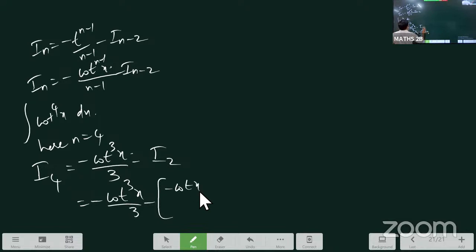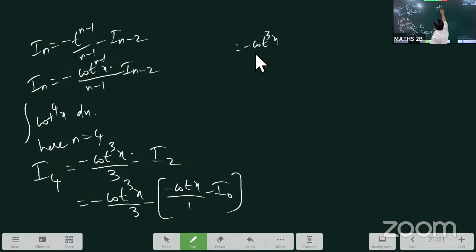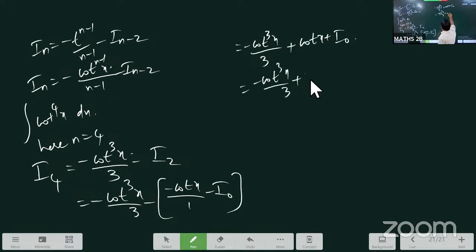Minus cot x by 2 minus 1 is 1, minus I0. So it is minus cot cube x by 3 plus cot x plus I0. I0 is always x only. So plus x plus c.